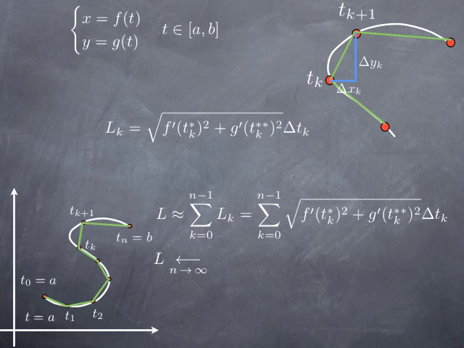And so we should look at this sum that we have on the right hand side. You see that it looks like a Riemann sum for the function square root of f prime squared plus g prime squared, but it's not quite the case, because we have two sample points. We have this t_k*, which is a sample point in the kth subinterval, and t_k**, which is a second sample point in the same interval.